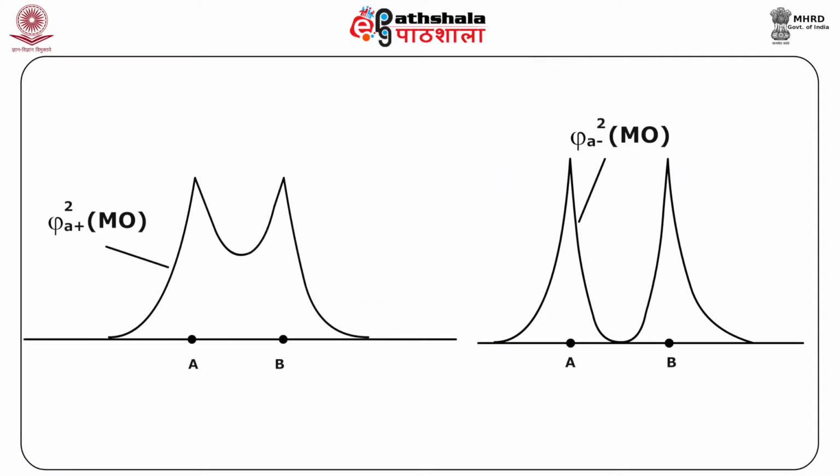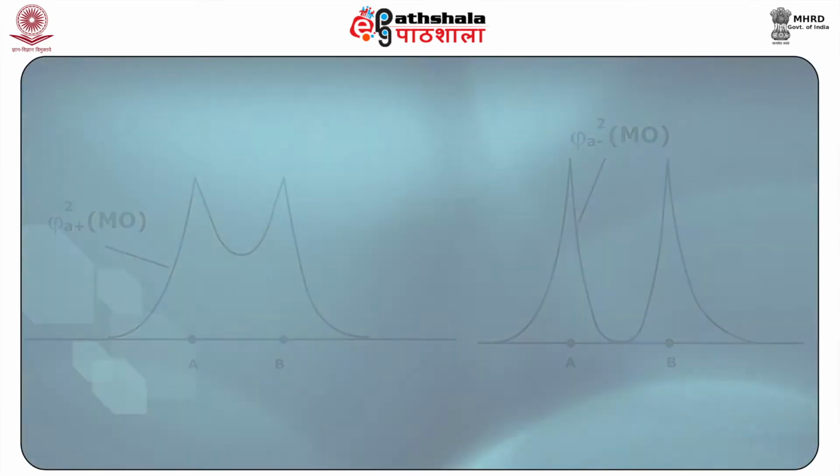You can notice that these plots very clearly show that in the case of the anti-bonding molecular orbital, shown on the right hand side, there is a zero value in the middle of the bond. Whereas in the case of the bonding molecular orbital, it is not so. The point where one notices a zero value, there is a plane passing through it, and that is what we call a nodal plane.